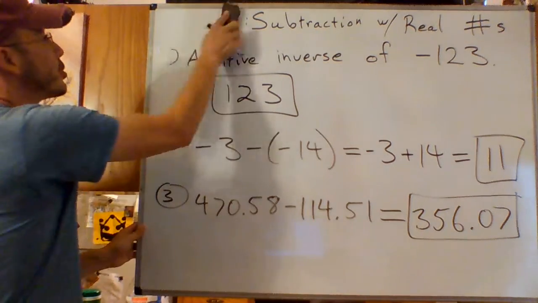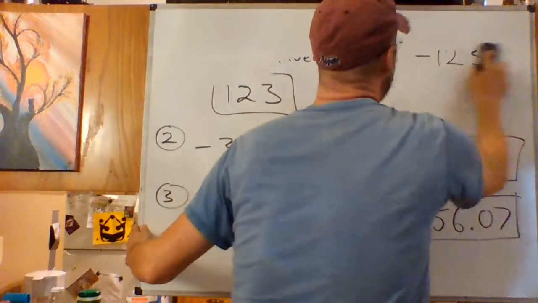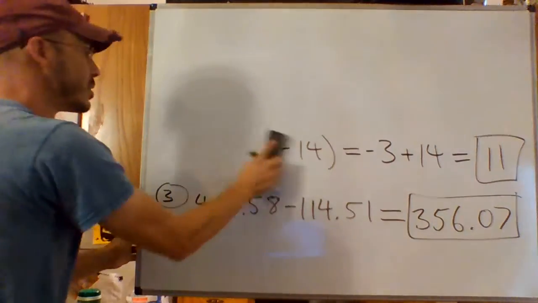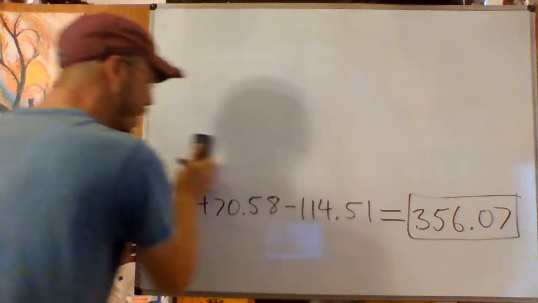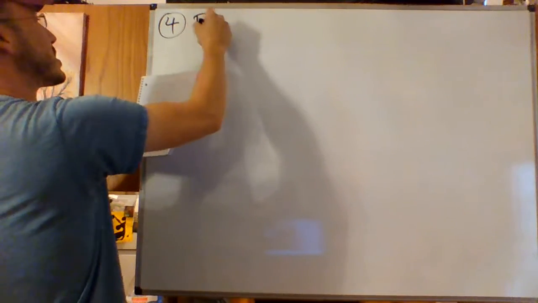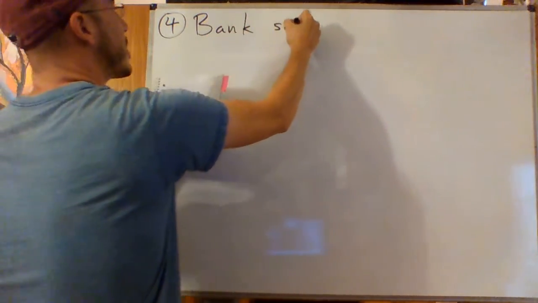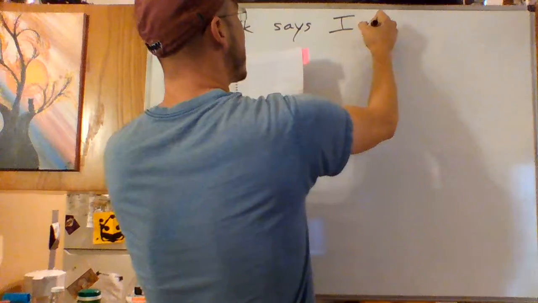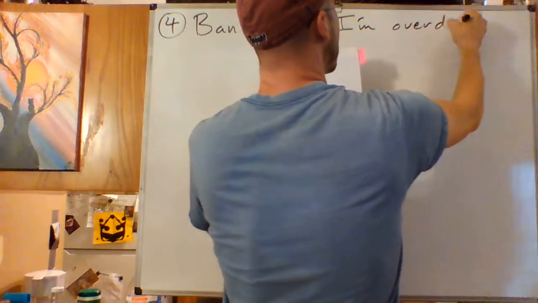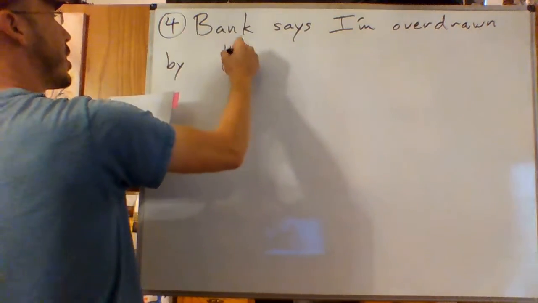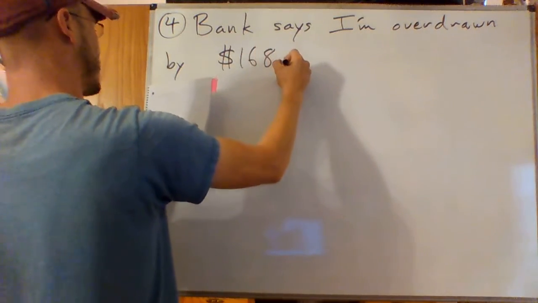The next problem is a financial one. It's an applied problem or a word problem. Fortunately, this one's just about how to work a checking account, or maybe how not to. It says, bank says I'm overdrawn by $168.